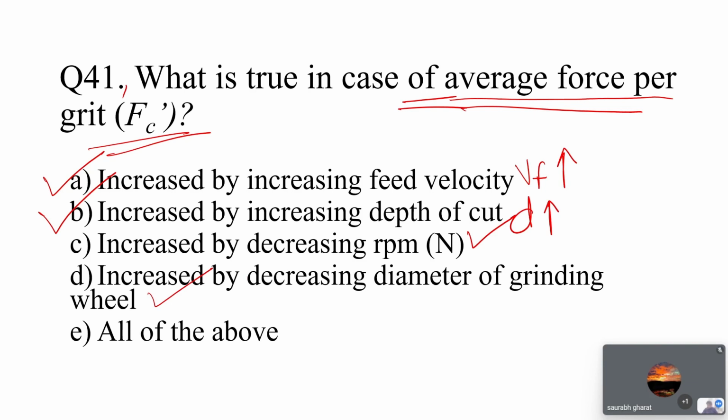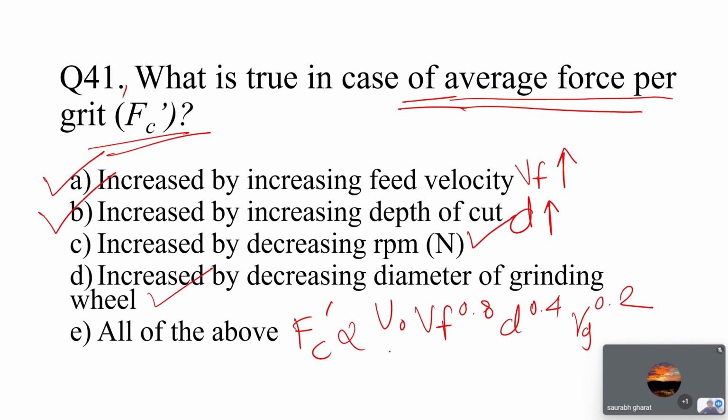FC is proportional to VF raised to 0.8 into D raised to 0.4 and RC raised to 0.2, divided by N raised to 0.8, C raised to 0.8, and V raised to 1.